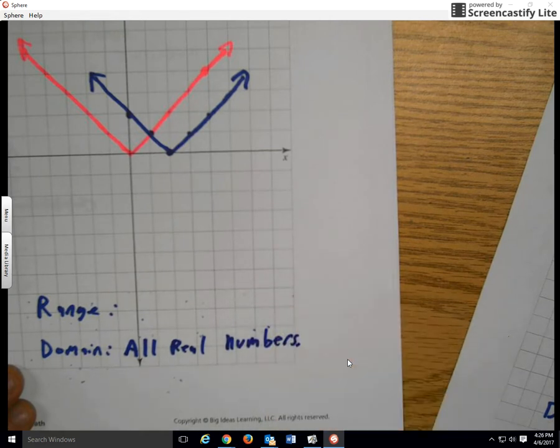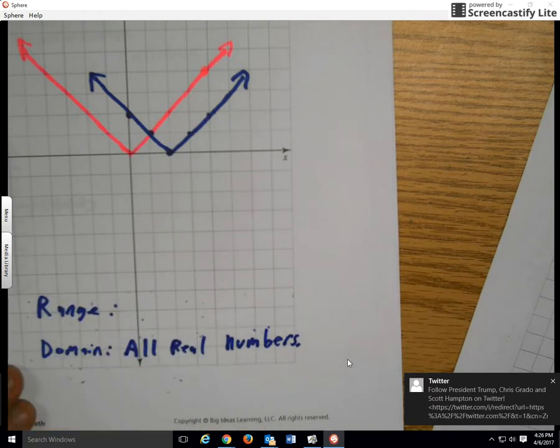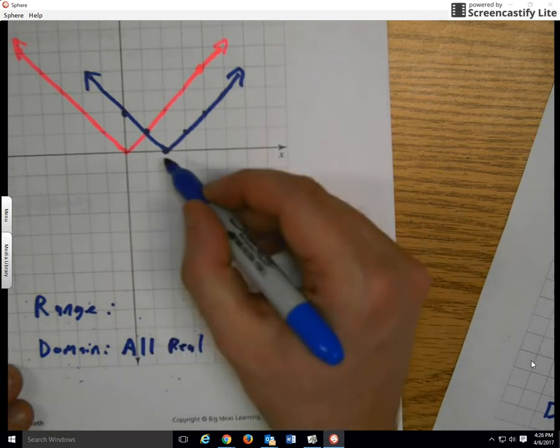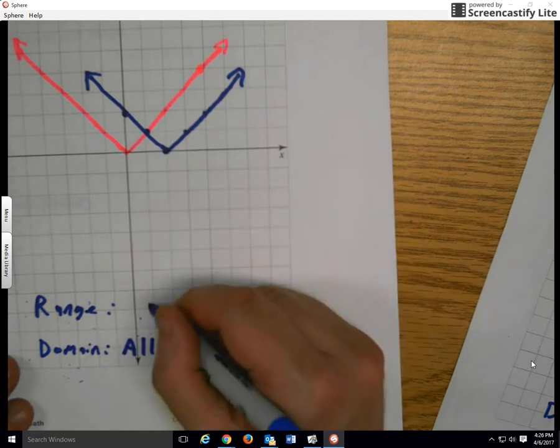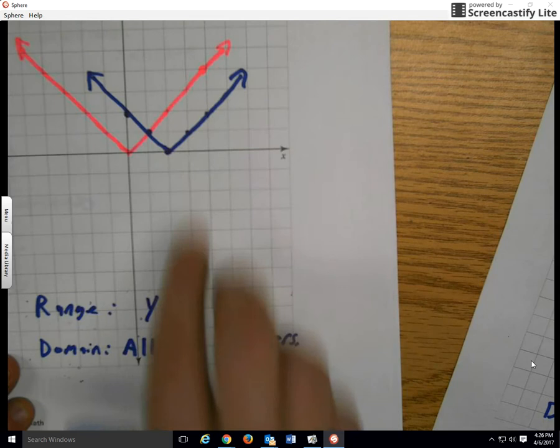What about the range? The range would be every number greater than or equal to 0, right? So the range is y is greater than or equal to 0, because it's going up from this point.